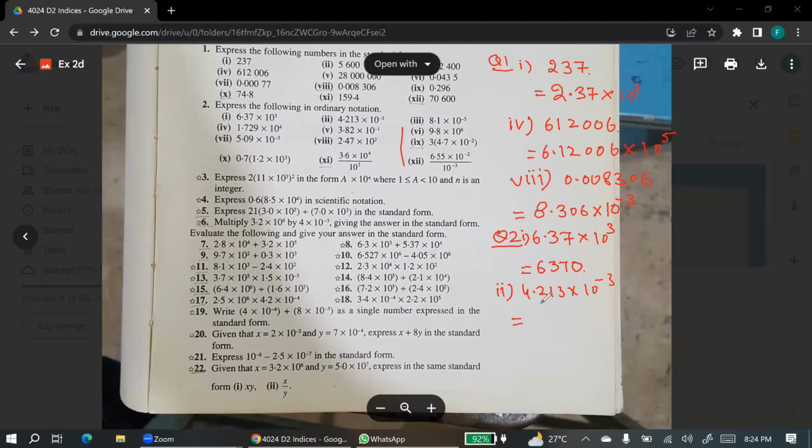Yes, I'm sure. Smaller. And we will move the decimal point towards the left side, 3 digits. 4, 2, 1, 3, 1, 2, 3. This one is the ordinary form of 4.213 into 10 power minus 3.